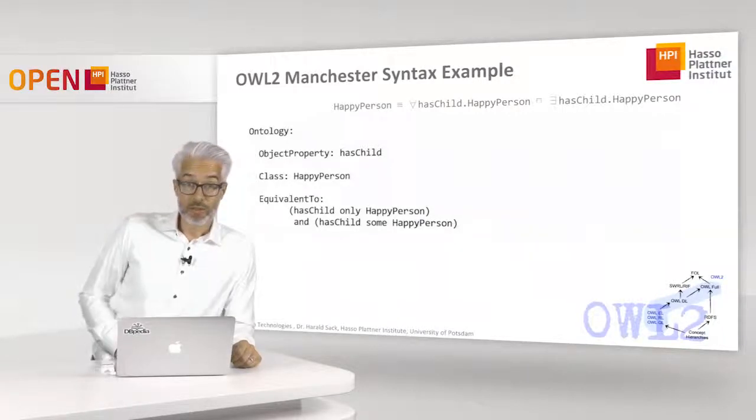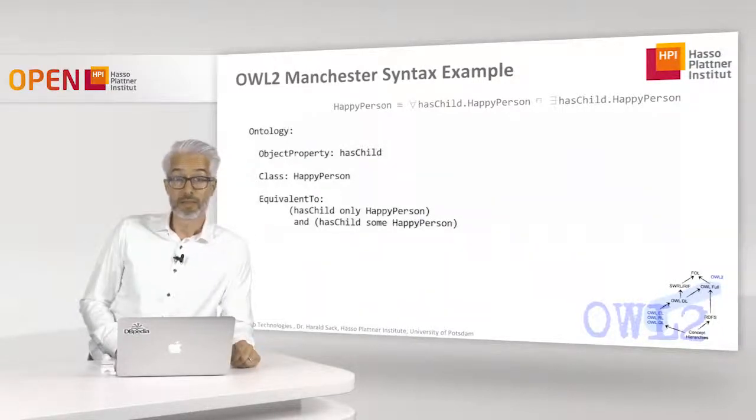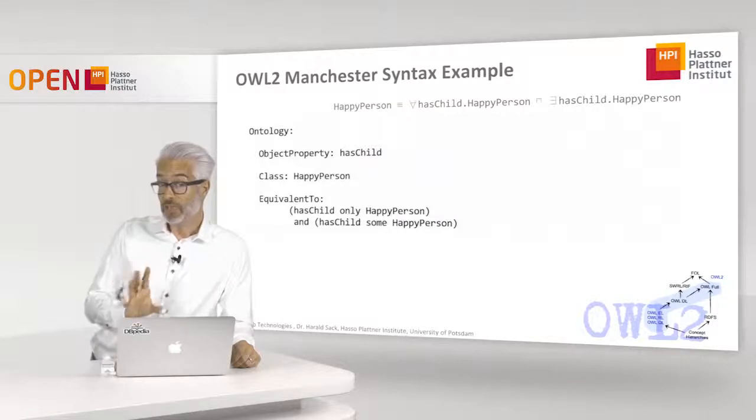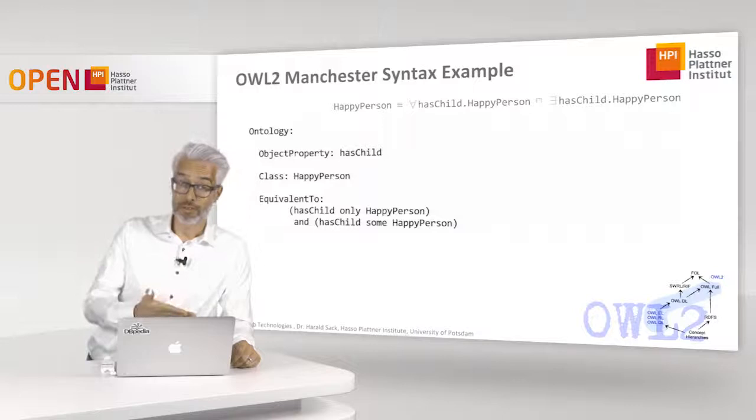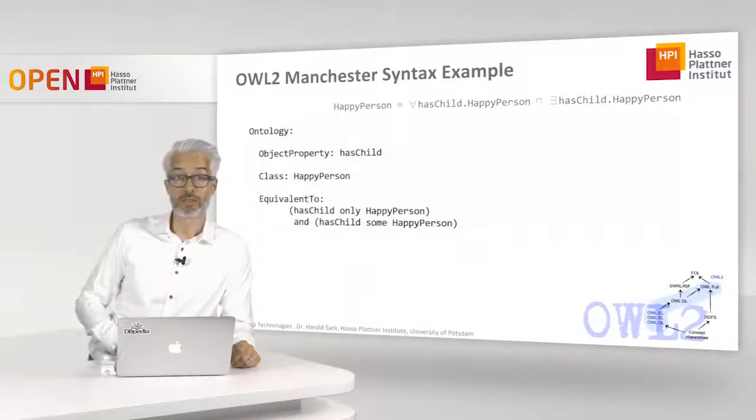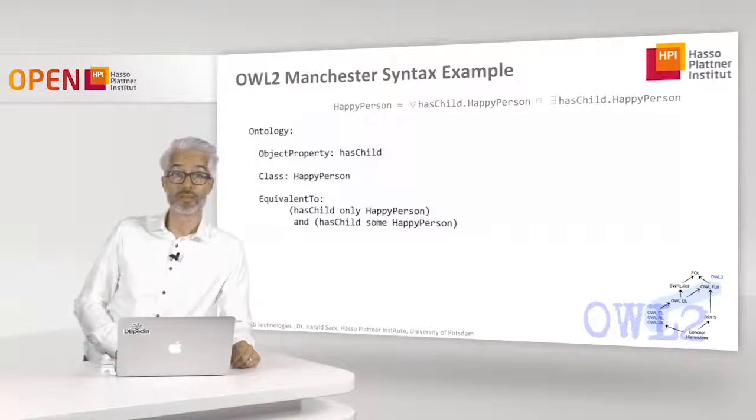This one is more important. This is the Manchester syntax example. And as you see here, this is even more compact than the others we saw. Like in the functional syntax, you define an ontology. And the first thing you do is define the property. Then you say an object property, with the name has child. And you define a class HappyPerson. And then you have an axiom.